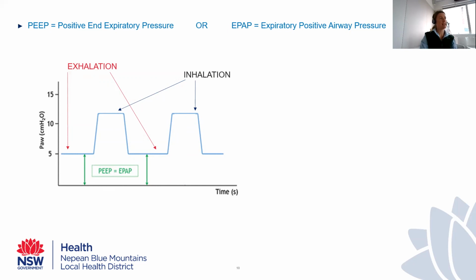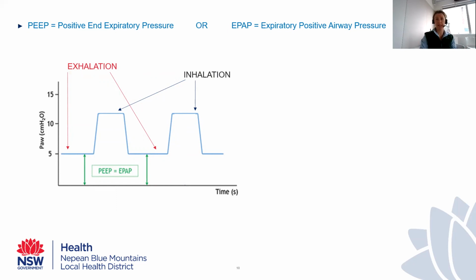It's really common in intensive care for us to talk about PEEP, so we use the word PEEP in the intensive care world. In a respiratory ward setting, it's much more common for people to use the acronym EPAP because often that's what you need to dial up on their machines, so that's the terminology they're used to. But I just want to reiterate that these terms are interchangeable. PEEP and EPAP are exactly the same thing.